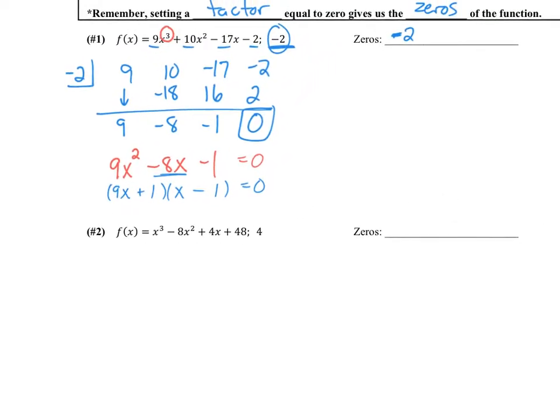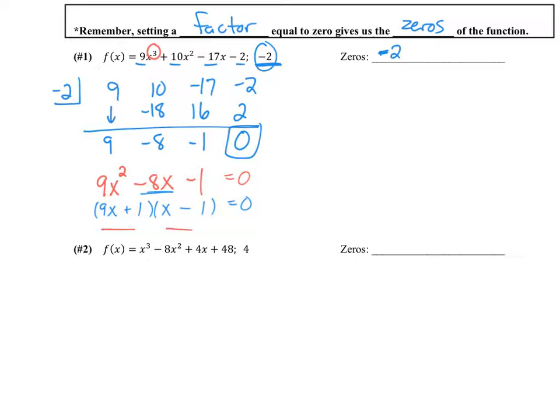So now what we do is we take our factors and set them equal to 0. So 9x plus 1 equals 0. We're going to subtract 1 from both sides to get 9x equals negative 1, and then divide by 9 to get x equals negative 1 over 9.